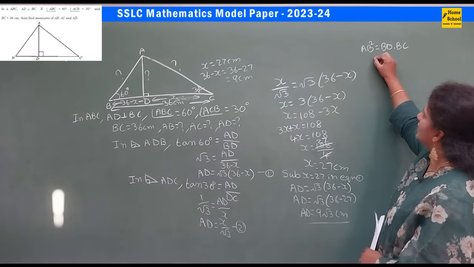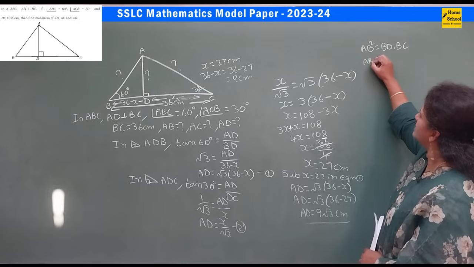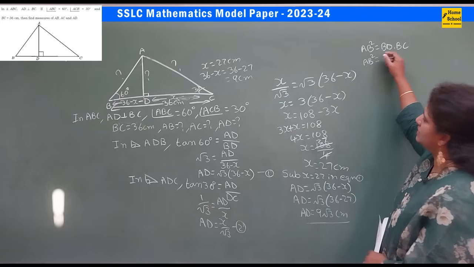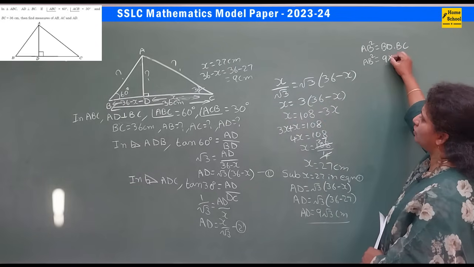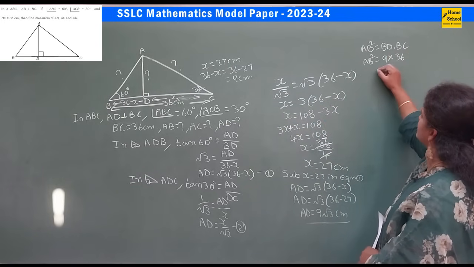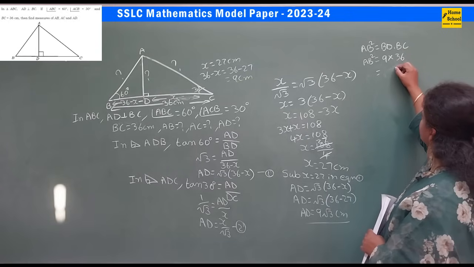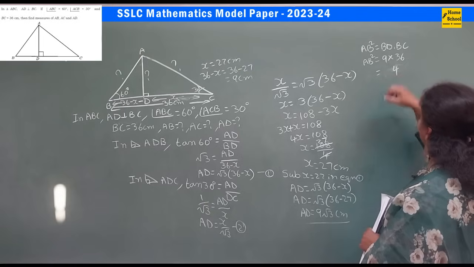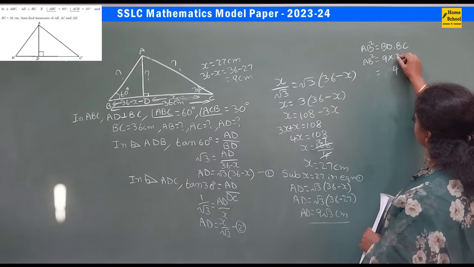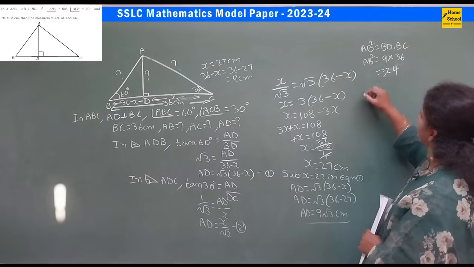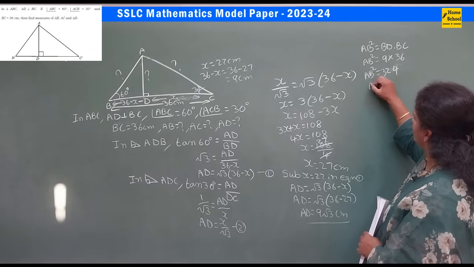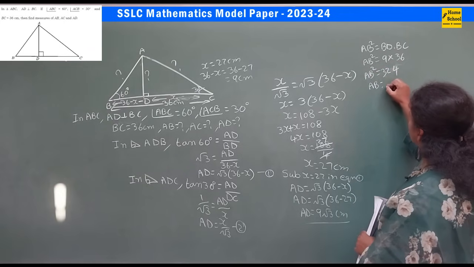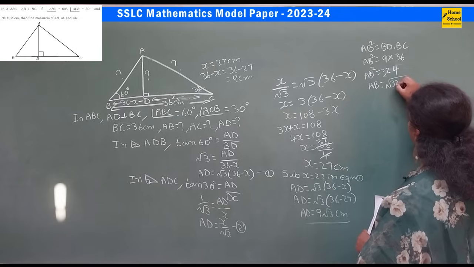Right? Substitute that. AB square is equal to BD value is 9, 9 into BC value is 36. Multiply this. 9 6s are 54. 9 3s are 27, 324. So AB square is 324. Then what about AB? Apply square root of 324.